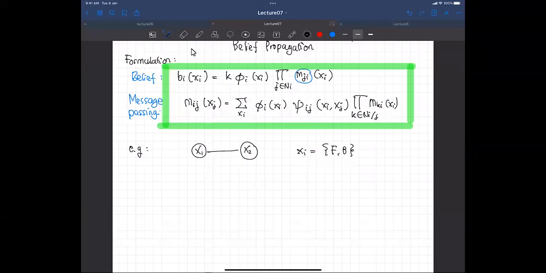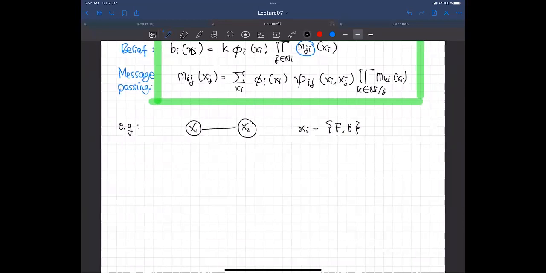So now, given the two random variables like this, basically we want to know the belief of x1 to be foreground. We want to compute the belief that x1 is actually foreground.